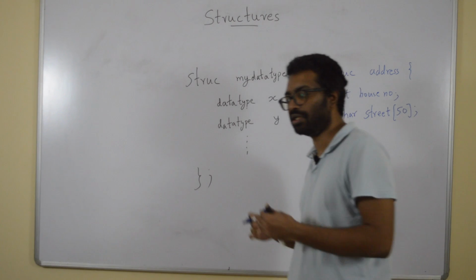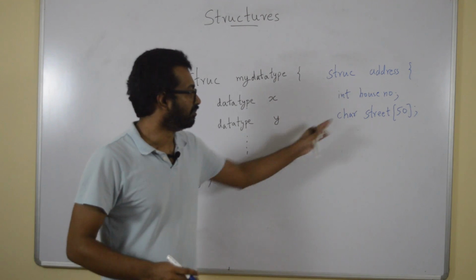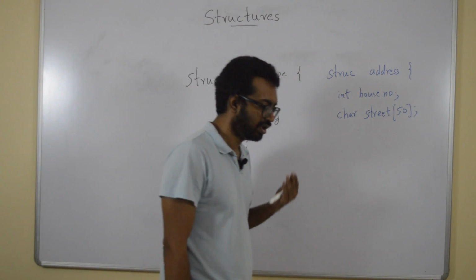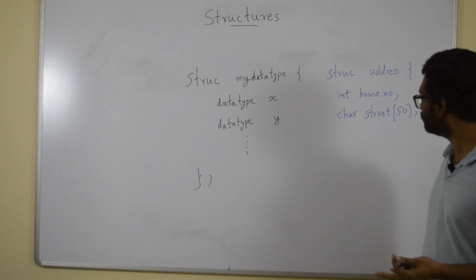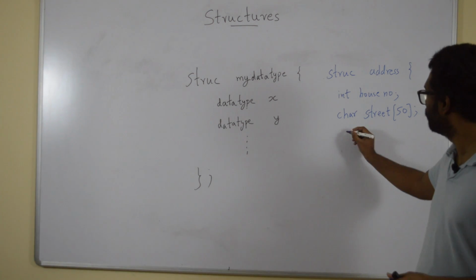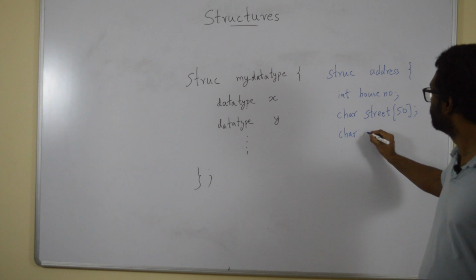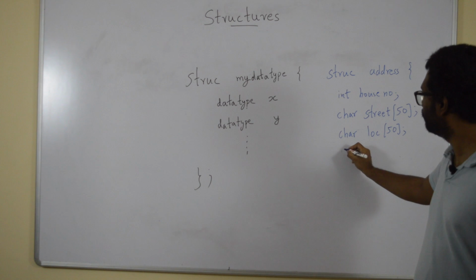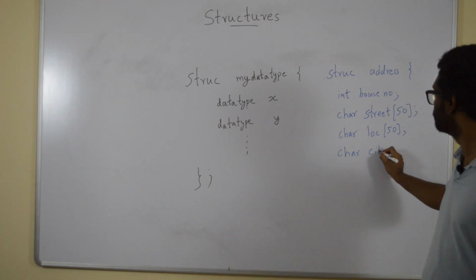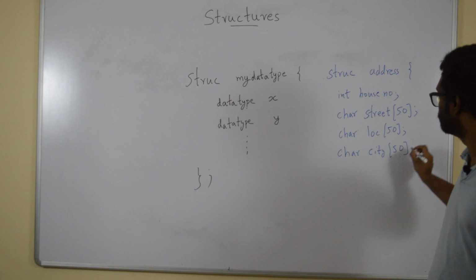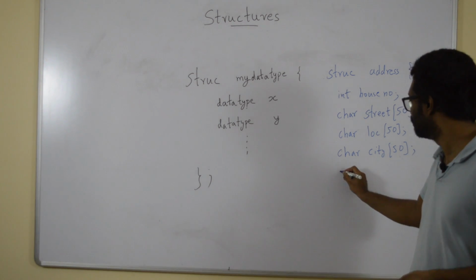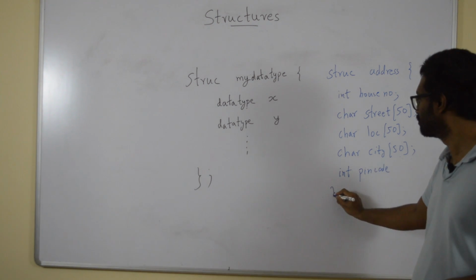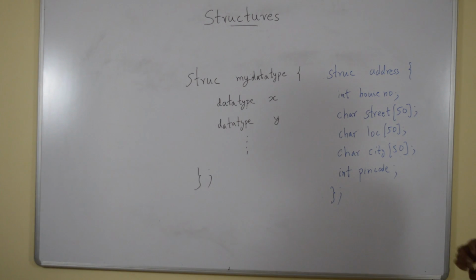I'm going to assume that the street name is going to be of at most 50 letters. What else do we want? We can have the location name, the city name, and we can also have a pin code. This is an address data type.